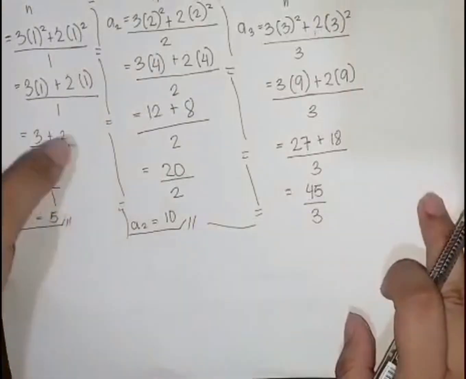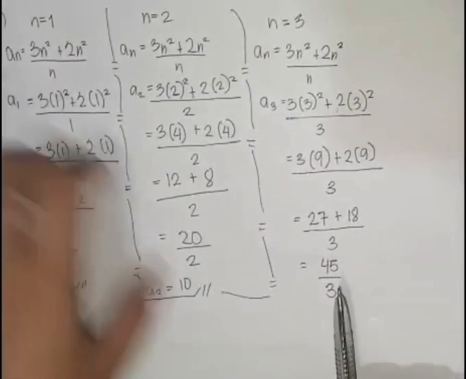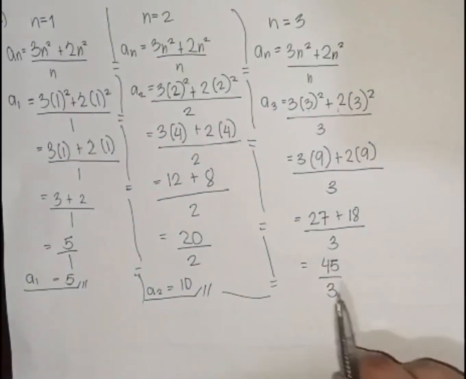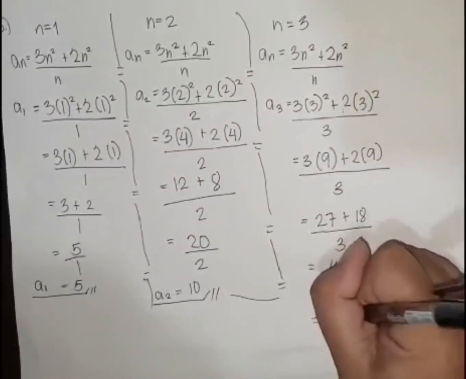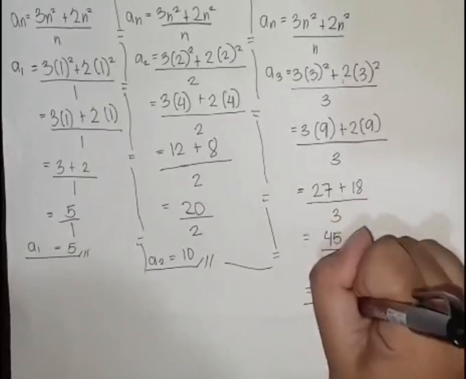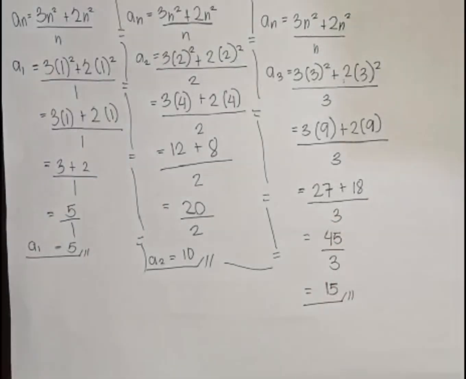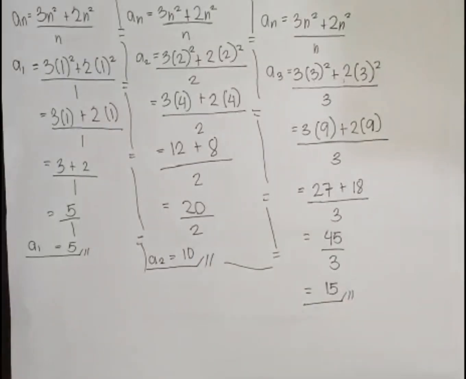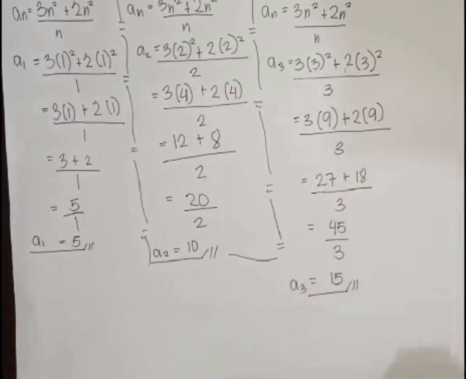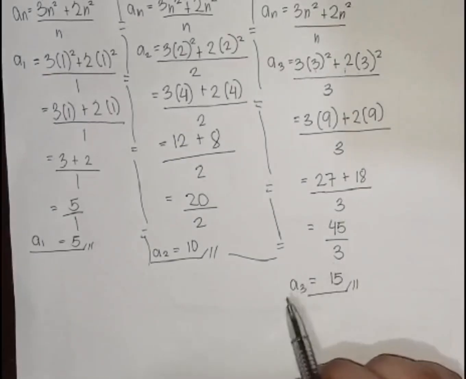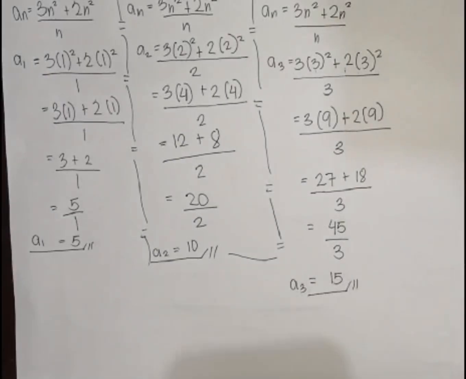So, as you can see, we can simplify this fraction. So, let us simplify. So, 45 divided by 3 is 15. So, a sub 3, or our third term, is 15.